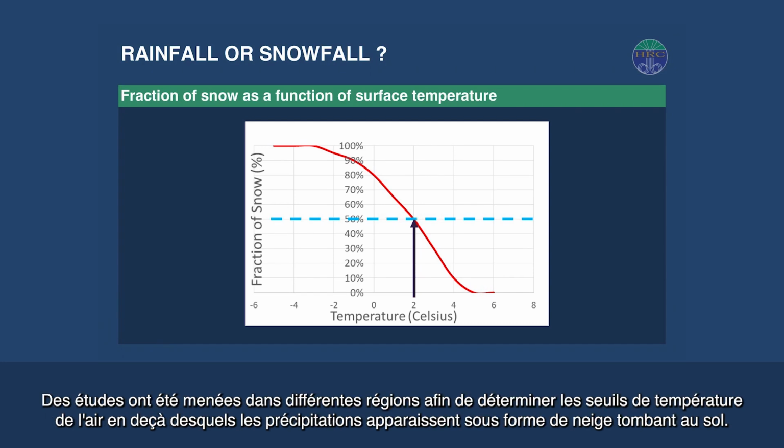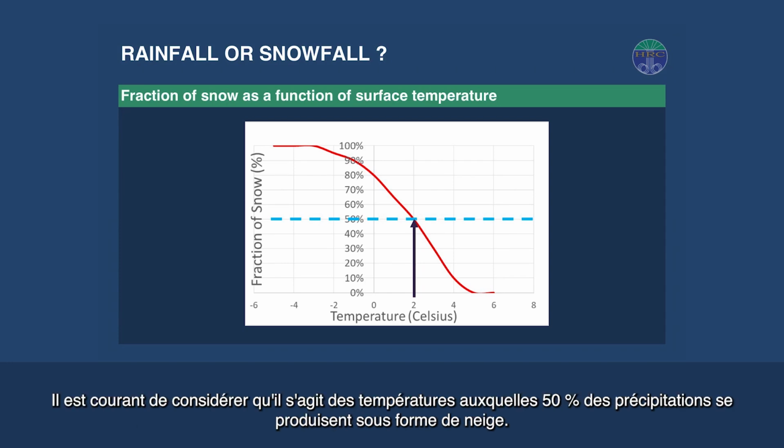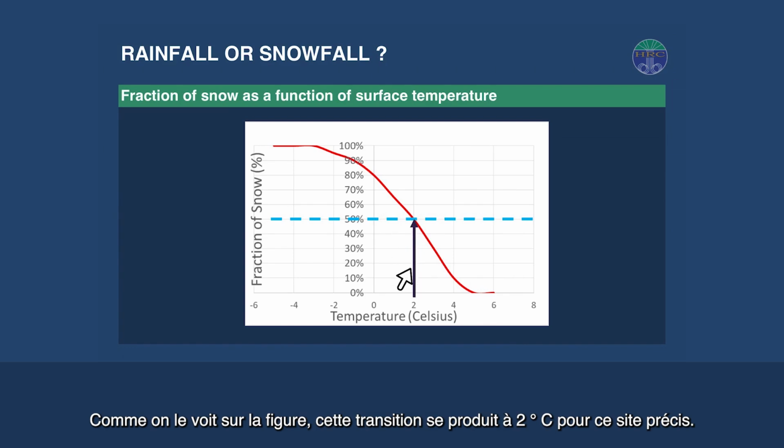Studies have been conducted in different regions to derive an air temperature threshold below which the precipitation appears on the ground as snow. The phase transition of snowfall and rainfall occurs over a wide range of temperature, from, say, -2 degrees to +2 degrees Celsius. It is common to select this index as the temperature in which 50% of the precipitation appears as snowfall. As seen in the figure, for this specific site, it occurs at 2 degrees Celsius.